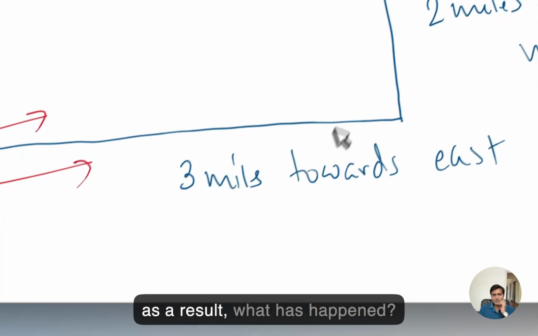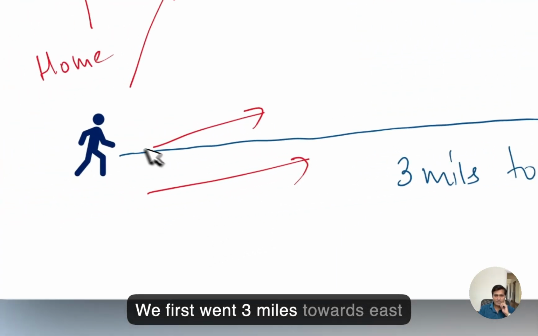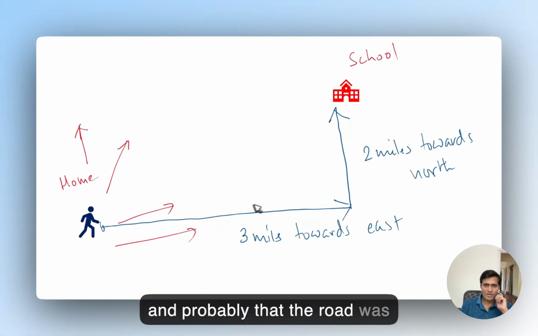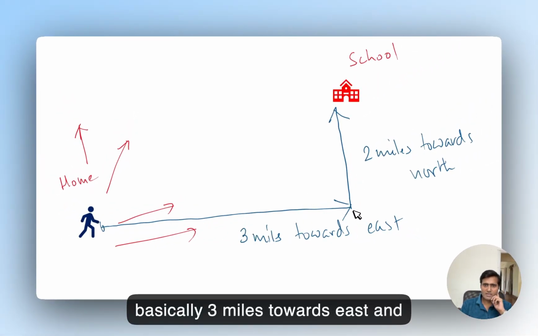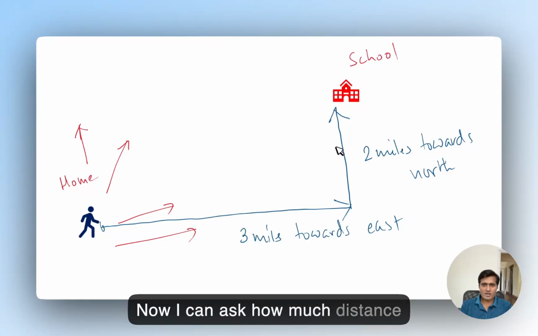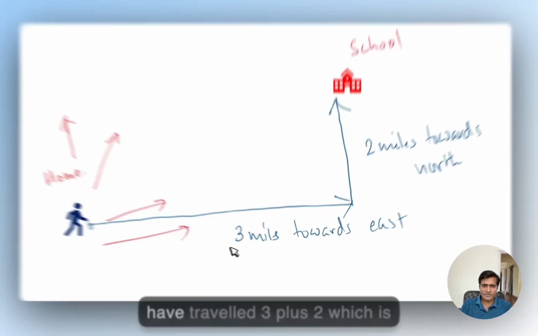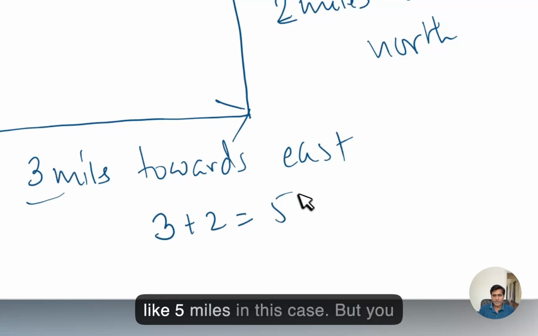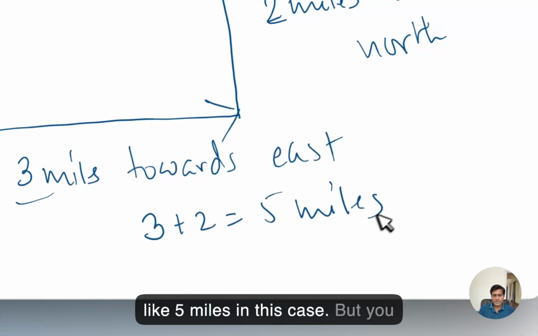Okay. So as a result, what has happened? We first went 3 miles towards east, and then 2 miles towards north, and probably that's where the road was. So we went 3 miles towards east and 2 miles towards north, and we reached the school. Now I can ask how much distance you have traveled. Basically we have traveled 3 plus 2, which is 5 miles in this case.